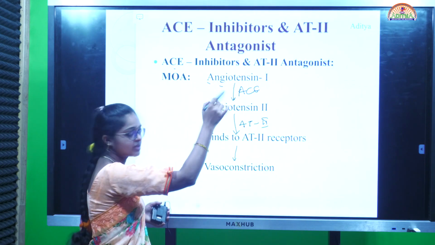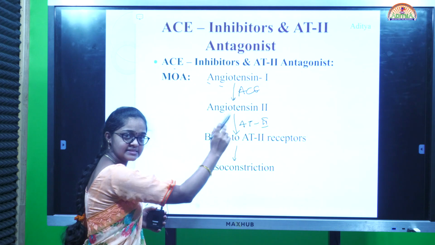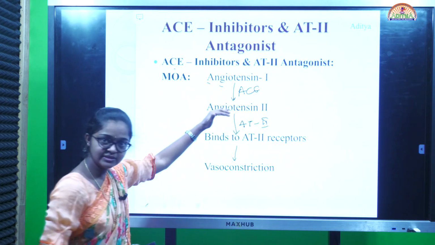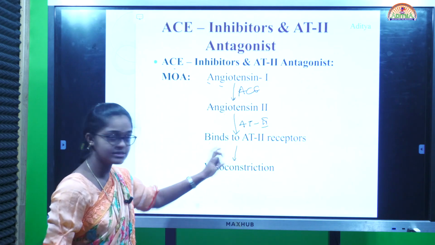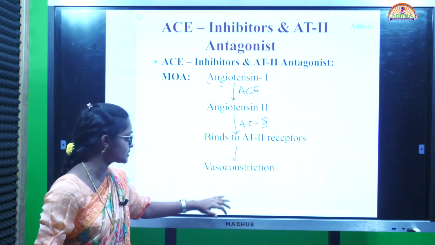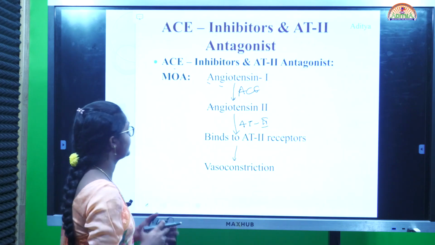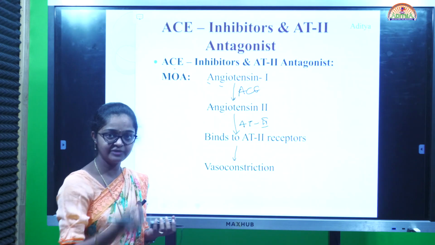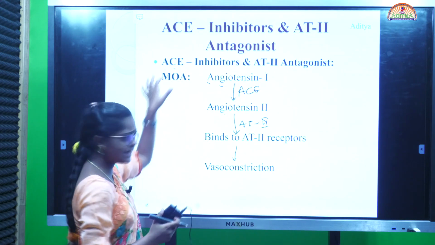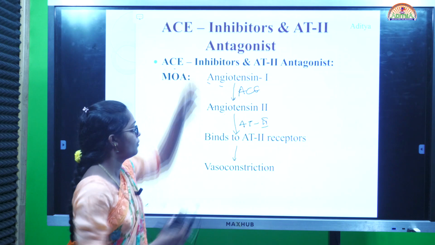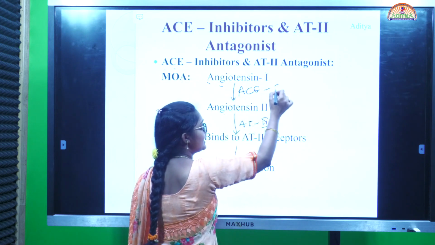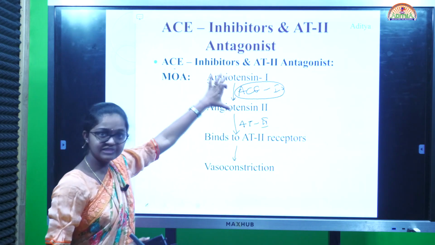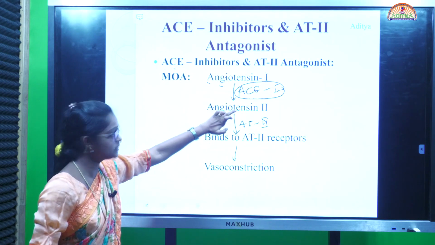Angiotensin 1 is converted into angiotensin 2 in the presence of angiotensin converting enzyme, and angiotensin 2 binds to its receptors and causes vasoconstriction. ACE inhibitors, which are congestive heart failure drugs, inhibit the enzyme involved in the conversion of angiotensin 1 to angiotensin 2.